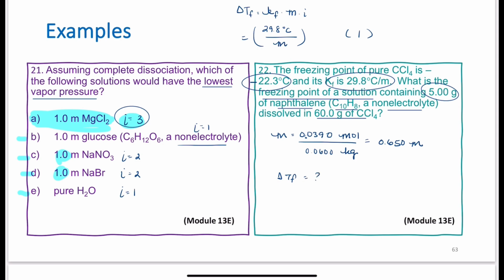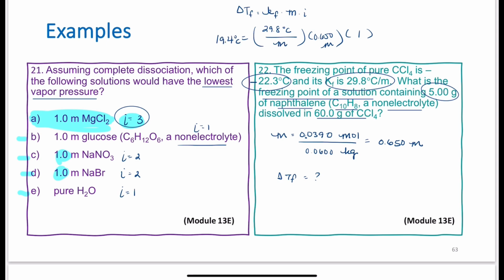My delta T is what I'm trying to find. So now that I know this, 0.650 molal, I can plug that in here. And what I get for this change in temperature is 19.4 degrees C.